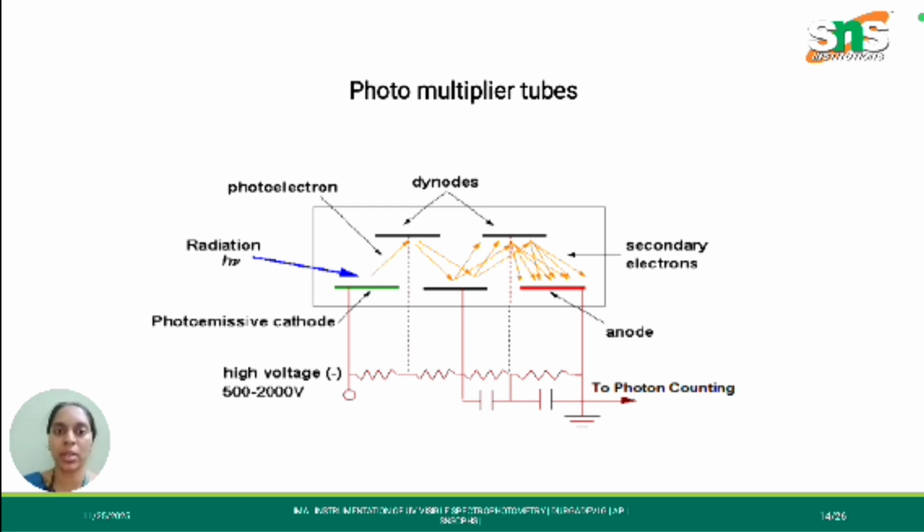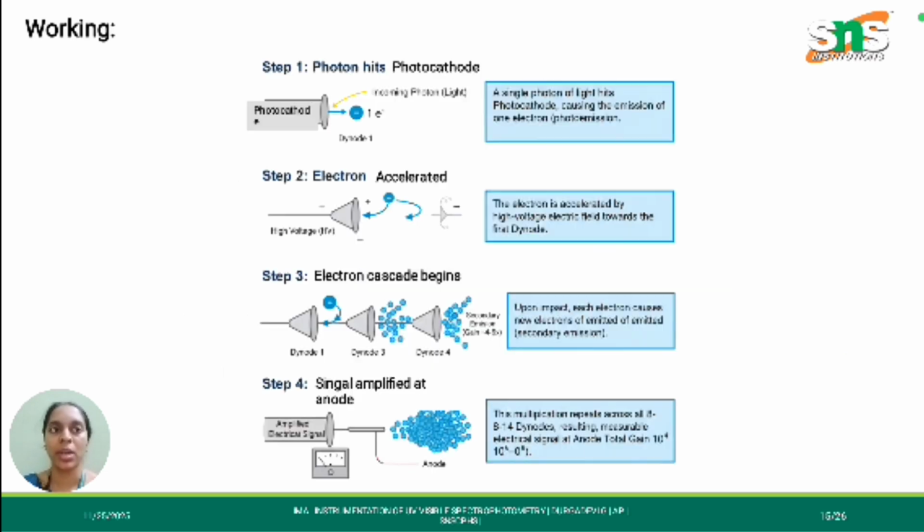Then the next detector is the photomultiplier tube. The photomultiplier tube consists of a photocathode and a series of anodes, which are otherwise called dynodes. Here the principle involved is multiplication of electrons by secondary emission. The working principle involved in the photomultiplier tube: the first step is a photon hits the photocathode.